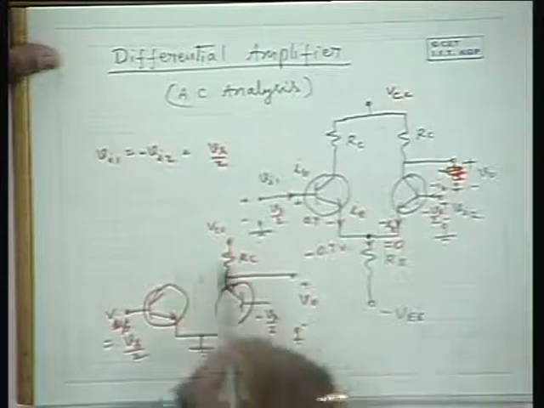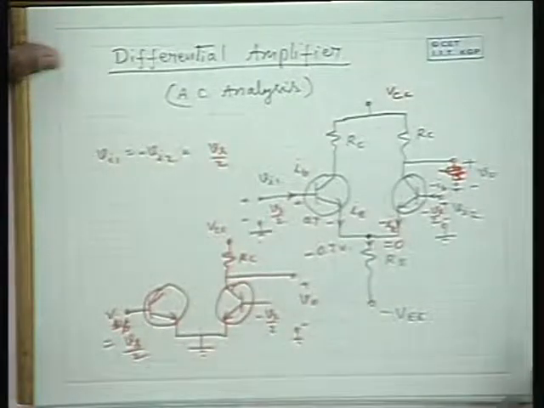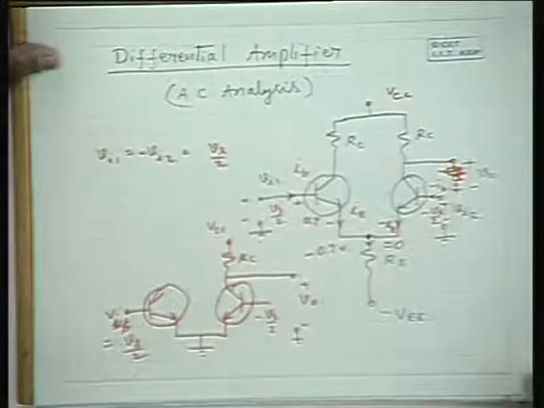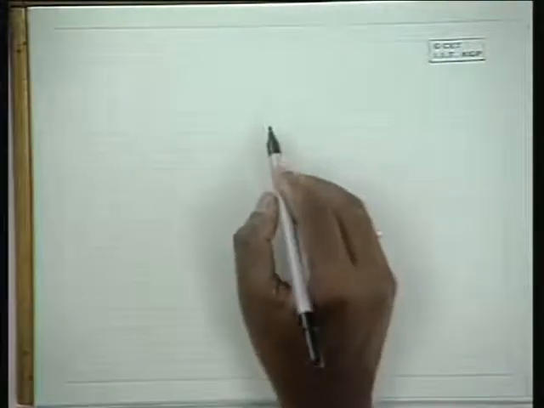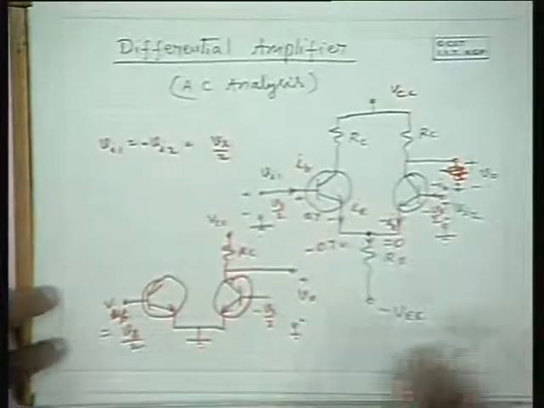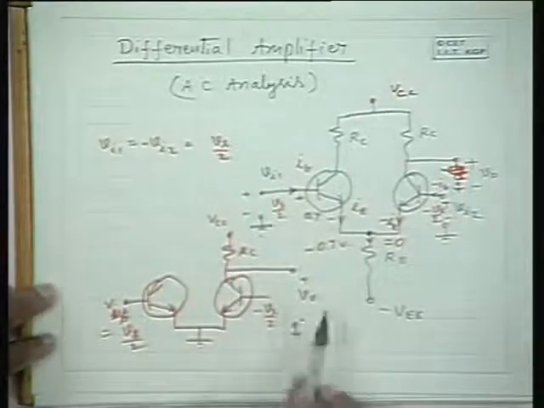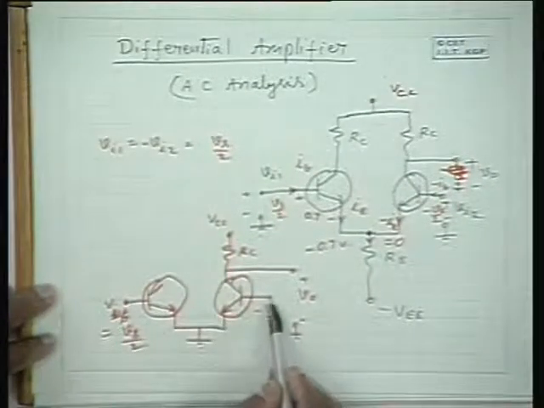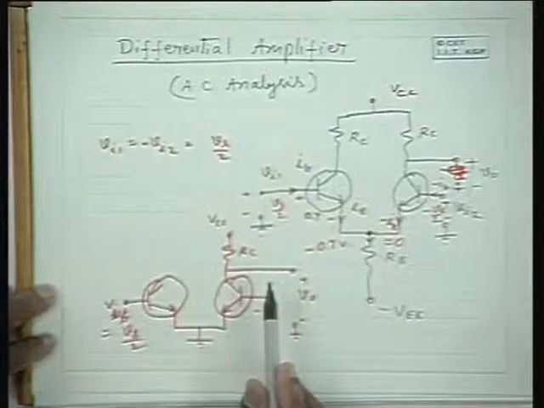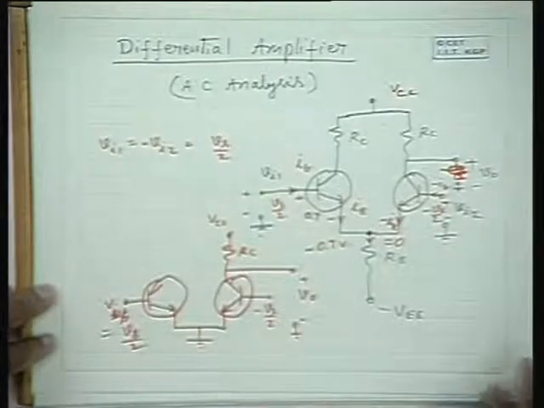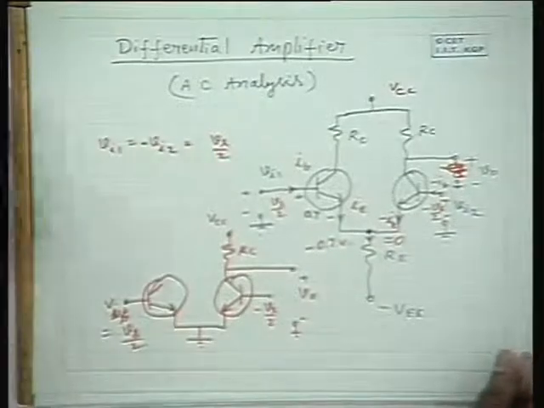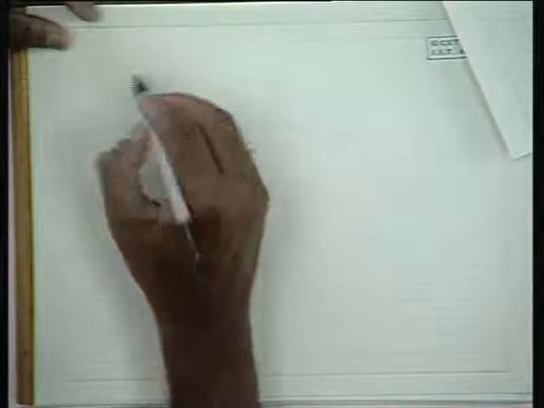Hence, if we analyze this part of the circuit, that is good enough to give us the gain. Now, with Vs by 2 applied here, this is like a common emitter amplifier circuit with input equal to Vs by 2. Therefore, the voltage gain we get in this circuit is like this.